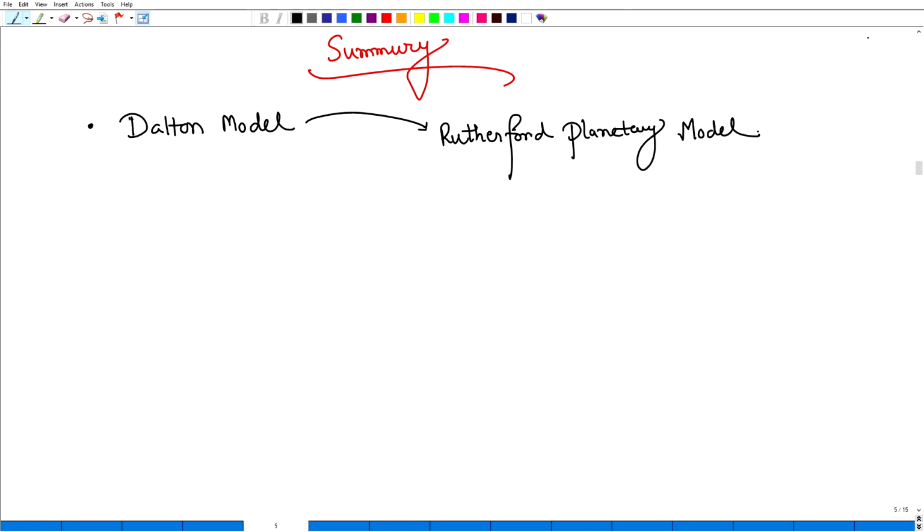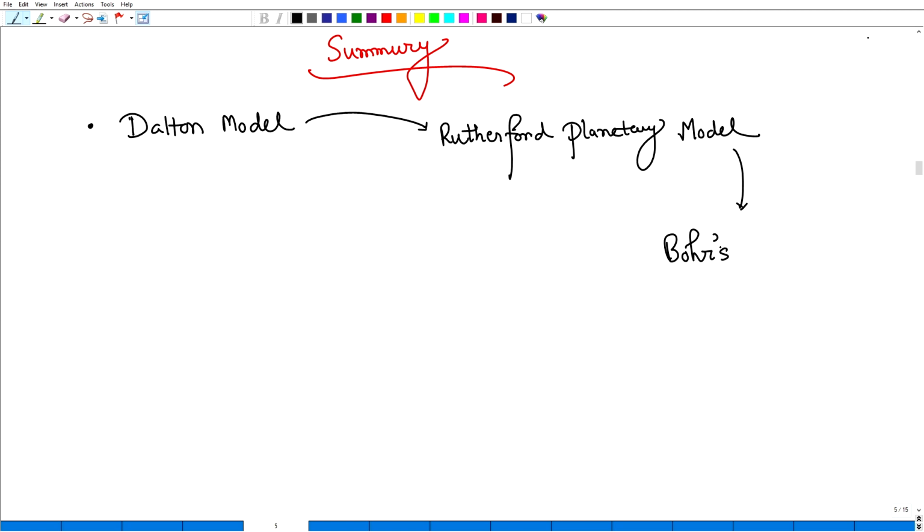Okay. What was that planetary model? It was the same as the Bohr atomic model, but there were no discrete energy levels, right? The electrons can roam about the nucleus, but there is no specific energy. Any electron can make circular motion having any amount of energy, but there are some drawbacks, we know this. So, to solve this drawback, Bohr came.